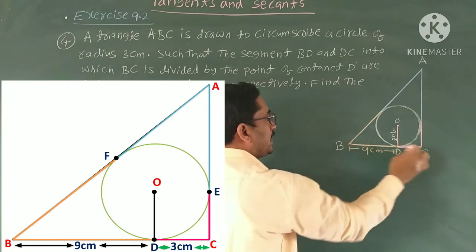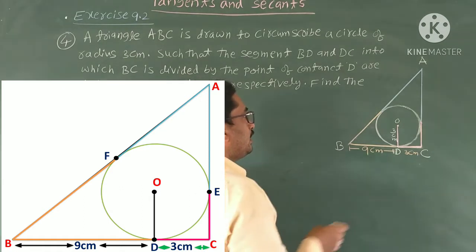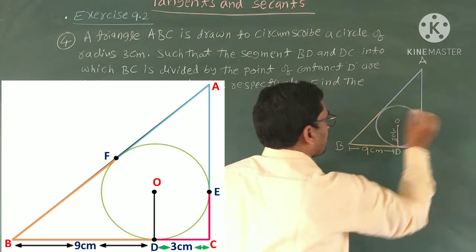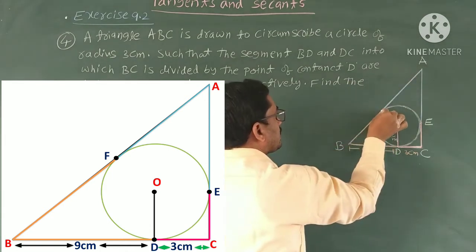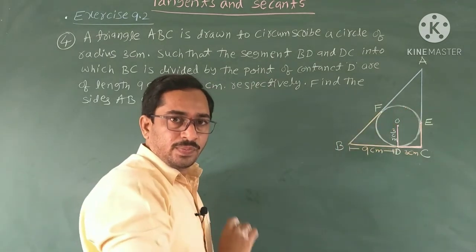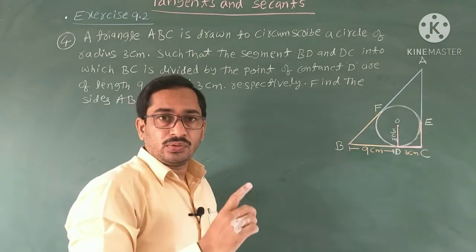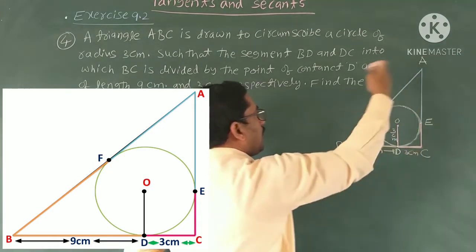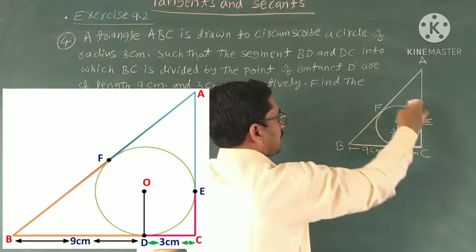Already it is given BC touches the circle at a point D, and suppose AC touches the circle at a point E, and AB touches the circle at a point F. Now, from an external point we can draw two equal tangents to a circle. So here A, B, C are the external points, same as the third problem.